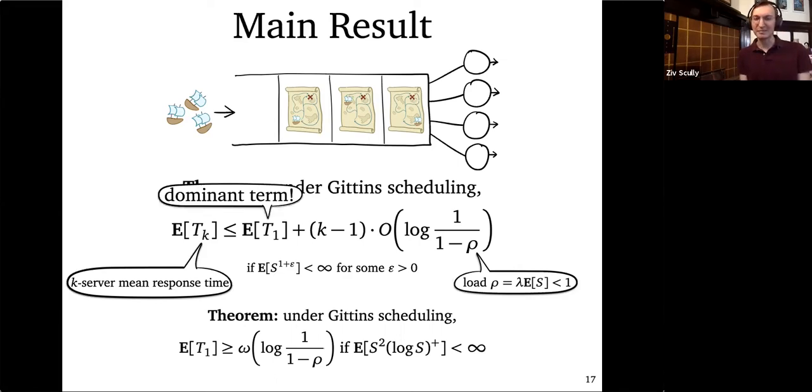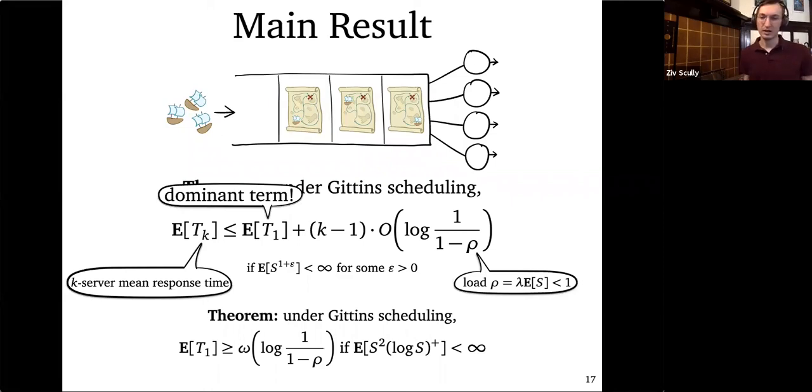This is the best we could hope for, because E[T_1] is taking our k small servers and clumping them together into one big server. That's strictly more powerful, because we could always take that one server and share its effort between k jobs. So the fact that we're only a little bit worse than single server mean response time is really good.